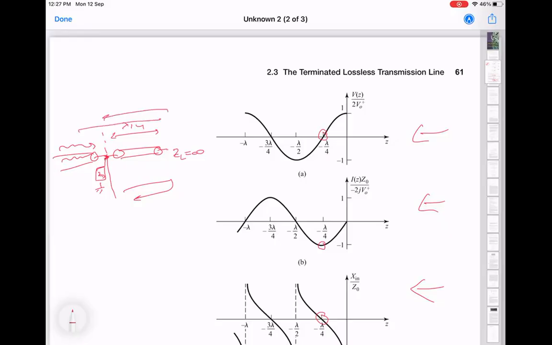At exactly that point, it will not see any voltage drop. So it is completely isolated from the system, even though it is connected there. This is just a small side point. We will come to these kinds of things later on.